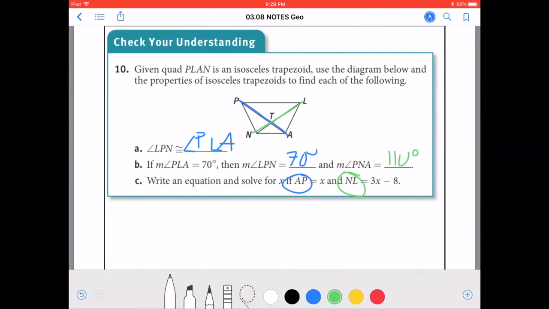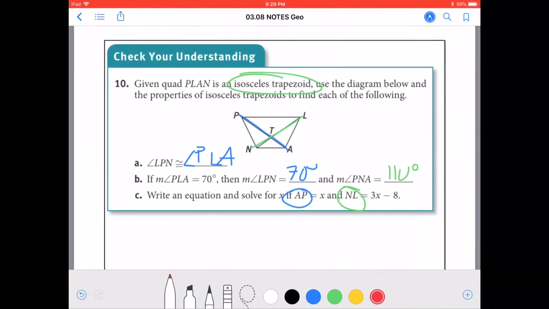What are those? Yes, they're the diagonals. What type of trapezoid do we have? Yep, we have an isosceles trapezoid. What do we know about the diagonals of an isosceles trapezoid? Yes, they are congruent.